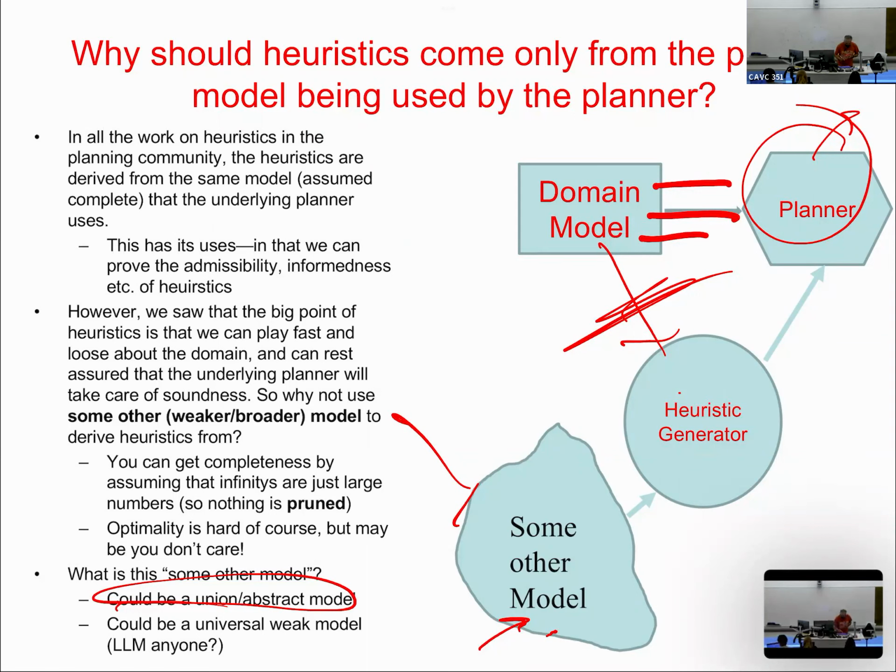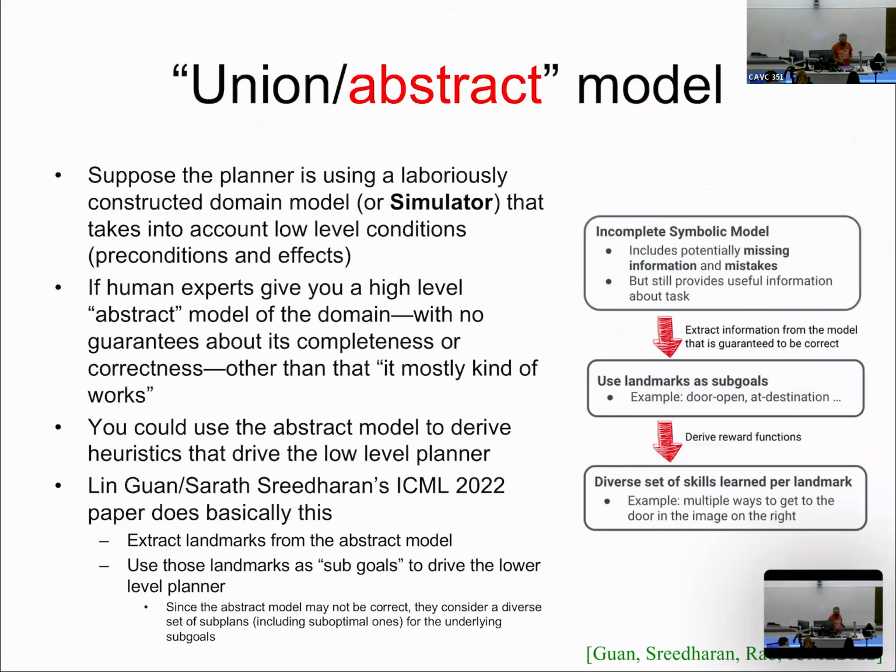So that can happen. You could use abstract models. Let's talk about that first. Suppose the planner is using a laboriously constructed domain model or simulator that takes into account low-level conditions, and the human experts give you a high-level abstract model of the domain with no guarantees about its completeness or soundness even. One of the most beautiful things about heuristics is that the model guiding the heuristic doesn't have to be sound.